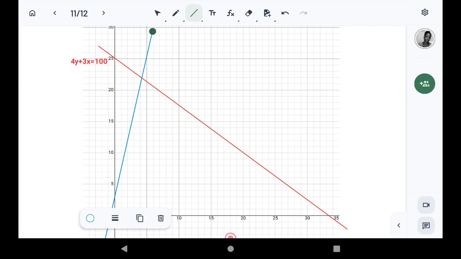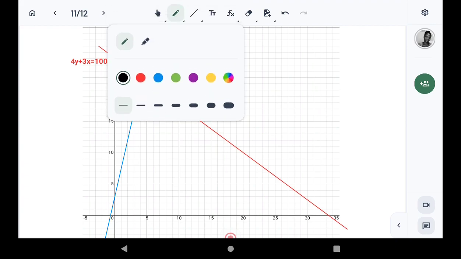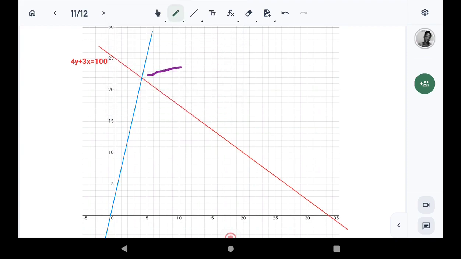So that's around where they should meet. It's supposed to be 4 and 22. The x coordinate is 4 and the y coordinate is 22. That's the point where they should meet.